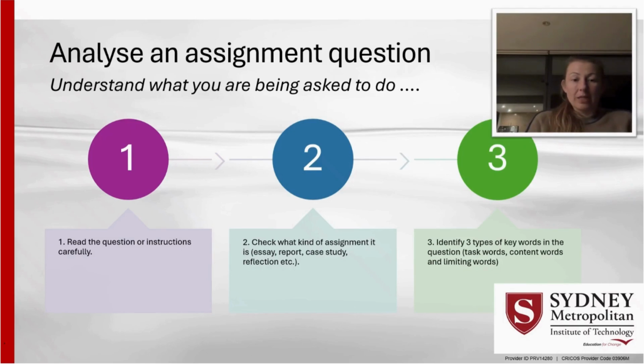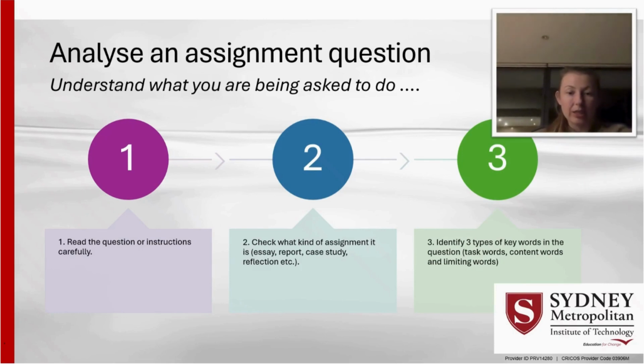All right, so a bit of a recap here. You've read the question and the instructions carefully. You check what kind of assignment it is, for example, essay, report, case study, etc. And then you identify the different keywords in the question. So this is where I talked about the task words, the content words, and the limiting words.